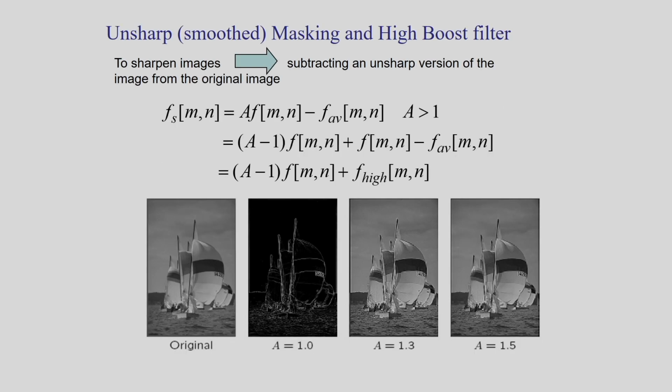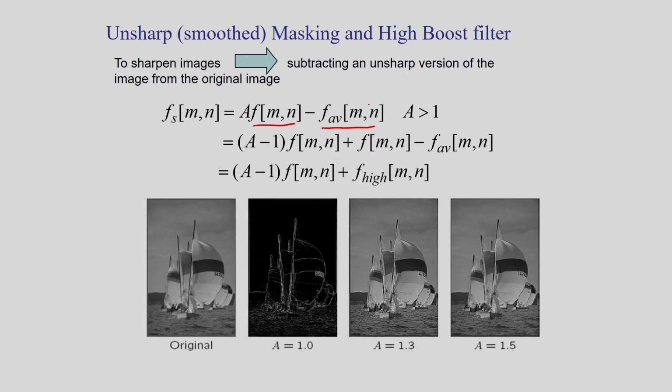The next filter is the high boost filter. So in this case what I have to consider is subtracting an unsharp version of the image from the original image. So that means what I am considering, I am considering the average version of the image, that is nothing but a low pass filtered image, and the original image is f(m,n), and I am considering a factor, the factor is A. The A is greater than 1. So what I am doing is subtracting an unsharp version of the image from the original image.